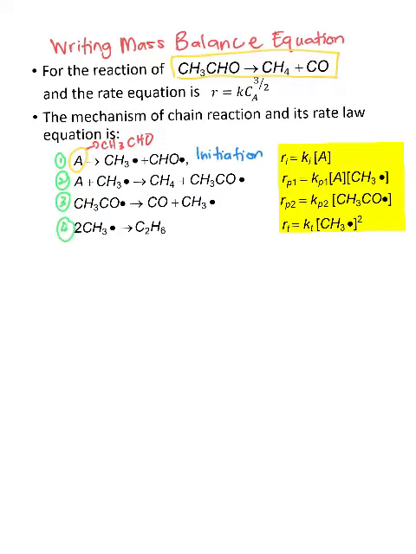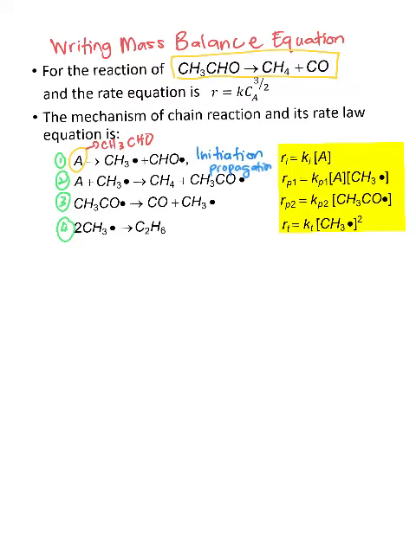So the second step is propagation. From step 2, reactant A reacts with radical CH3 to produce product CH4 and another radical species CH3CO. But we still call it propagation because the product CH4 is produced.